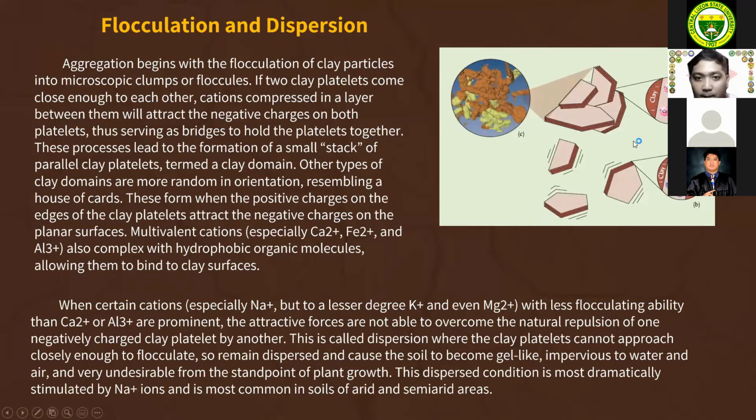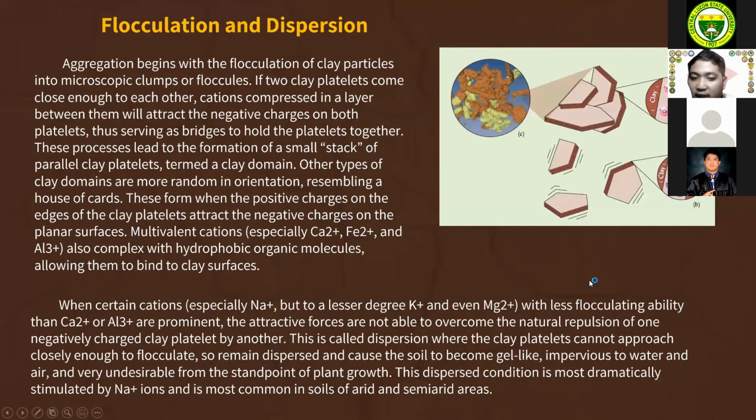Then due to some cases, it forms negative charge. So that negative charge can attract positive charge, which for example is calcium. So calcium is a good flocculating agent. So pinagdidikit niya itong dalawang clay. So that's flocculation.